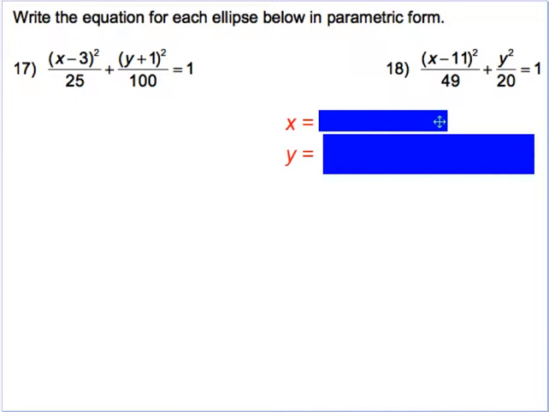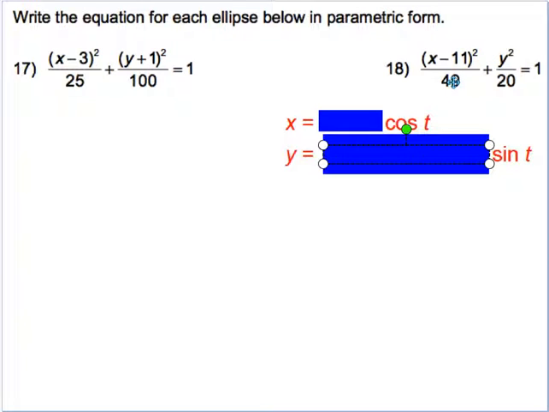First things first, what do you know about your parametric functions? Cosine always pairs up with your x, okay? So the first part of your equation, just get that cosine in there. And then sine is always going to be paired up with your y value, okay?